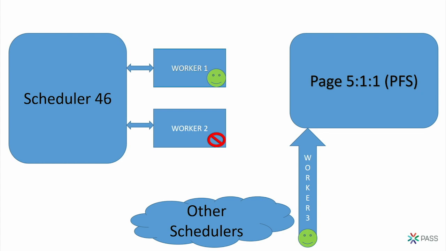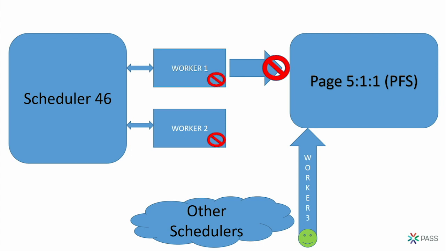We've got worker 3 currently acquiring an exclusive latch on page 5 in 511, which is a PFS page. So let's say worker 1 needs an exclusive latch while worker 3 is holding it. It can't get it. You can only have one latch on this page at once.